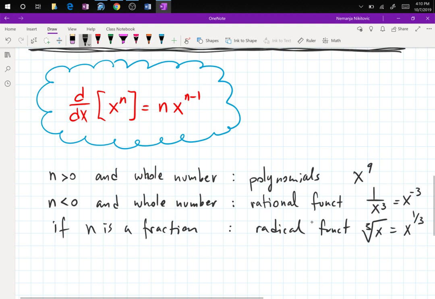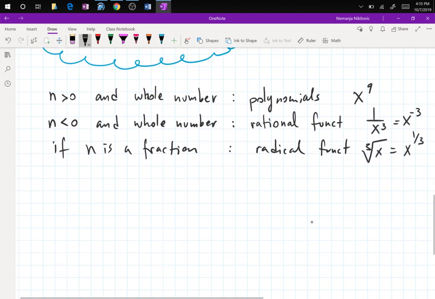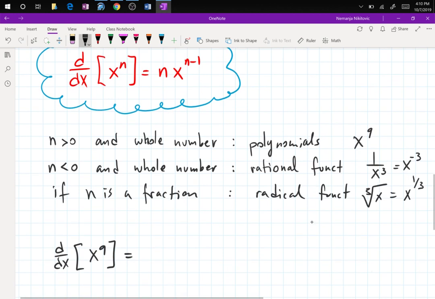So you can see that polynomials, rational, and radical functions are all represented by this one rule that you have to memorize. And now you can go and say, what is the derivative of x to the 9? Well, the formula clearly says whatever your n is, drop it down, which is 9, and then you have x to the 9 minus 1, which is 8.